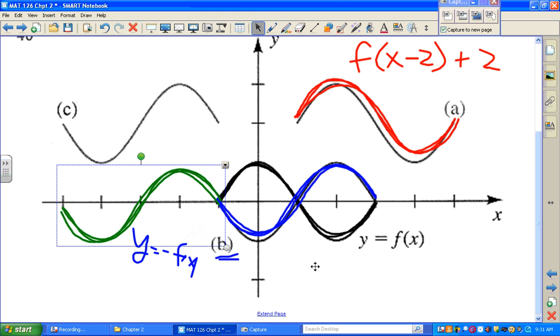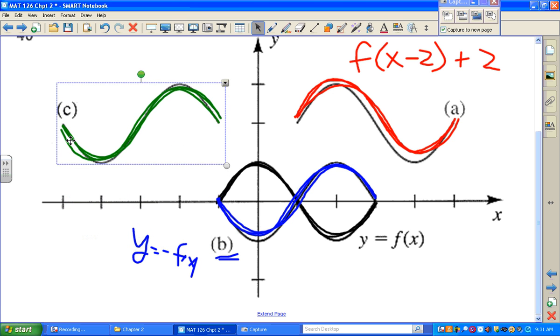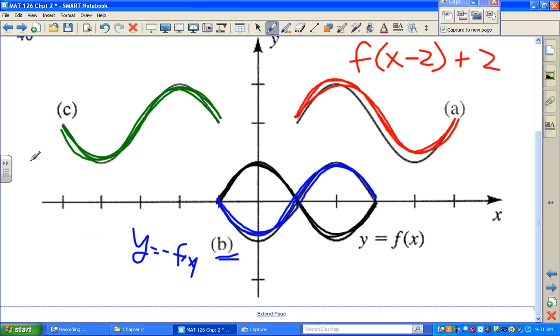And then what? 1, 2. So I moved it over how far? f of x minus the negative 4 makes it plus 4. Then I flipped it, and I moved it up how far? 2. Okay? That's not so bad.